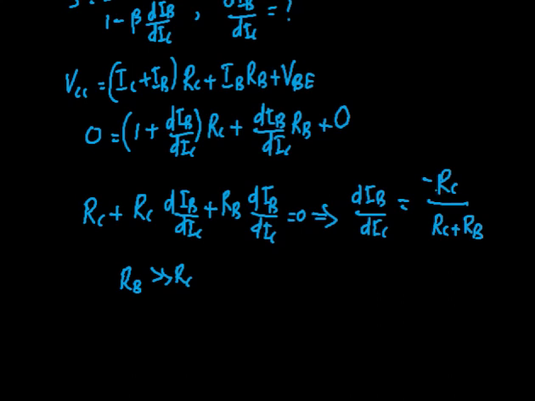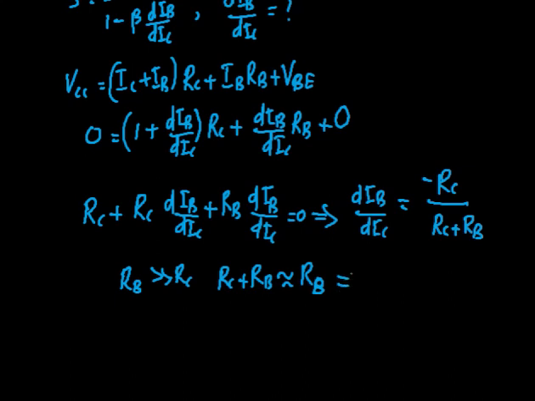But RB is usually 100 kilo ohms, so we can take RC plus RB as approximately equal to RB.